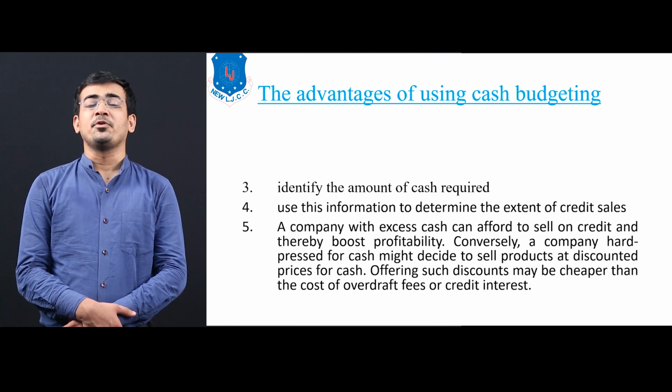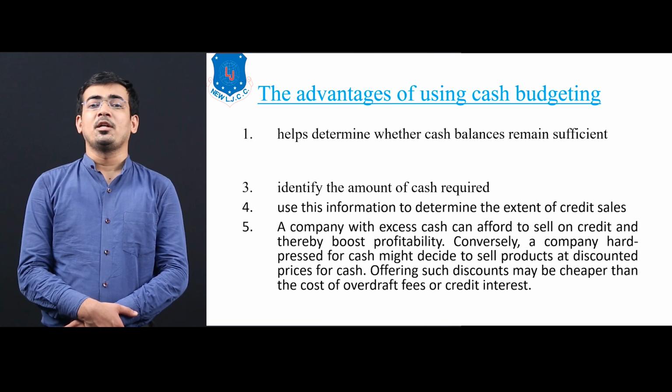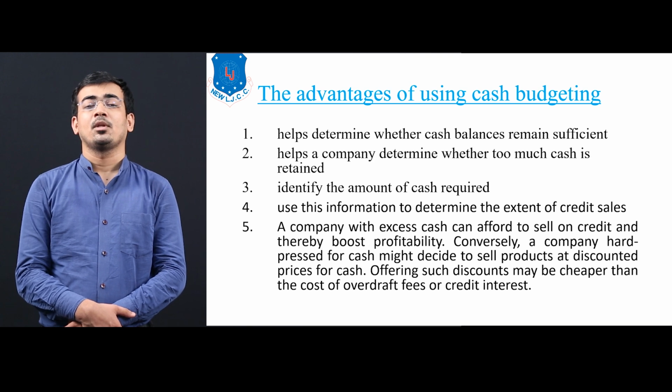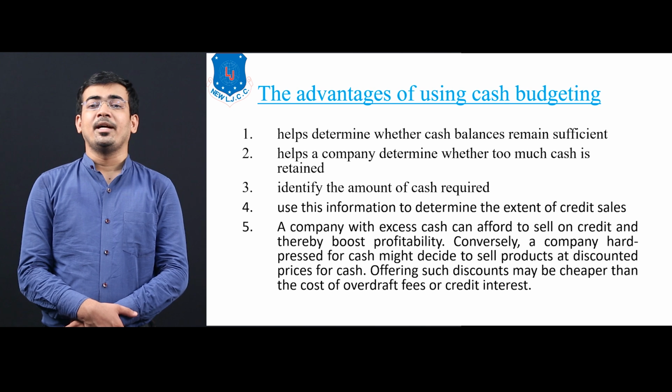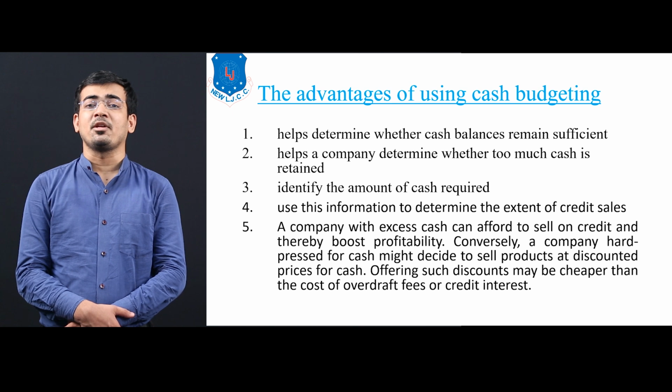The advantages of using cash budgeting. Number 1, it helps determine whether cash balances remain sufficient. Number 2, it helps a company determine whether too much cash is retained or not. Number 3, the cash budget helps the company determine the exact minimum cash balance required for a particular period.